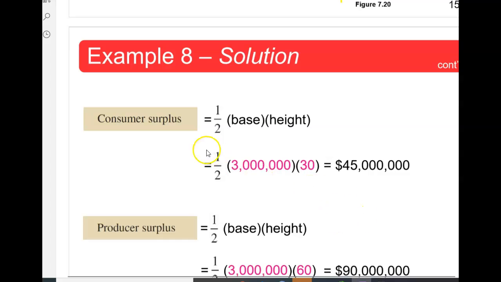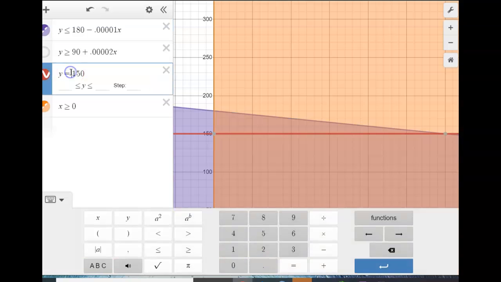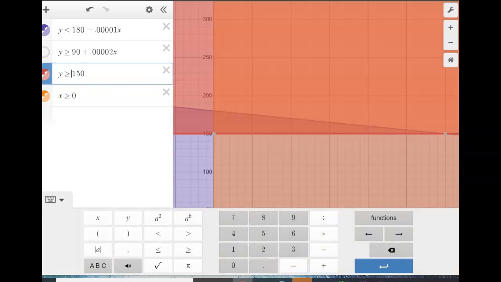So to find the consumer surplus, let's do that by just getting rid of this one here. There we have it. And let's change this to greater than.